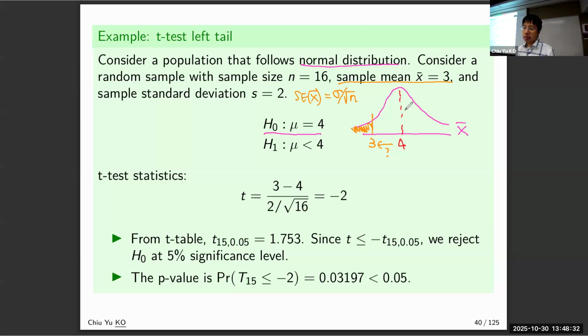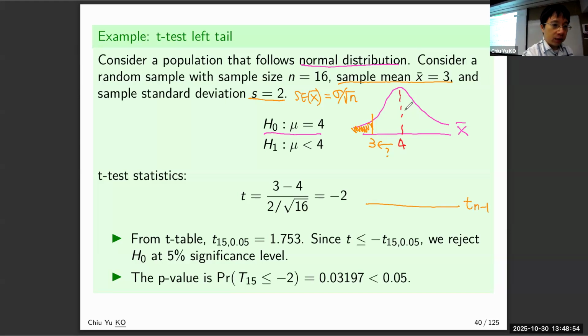But the problem is we don't know sigma. So we have no way to understand what's going on, right? But if we know S, then we can still do the same calculation, but look at the T n minus 1 table.